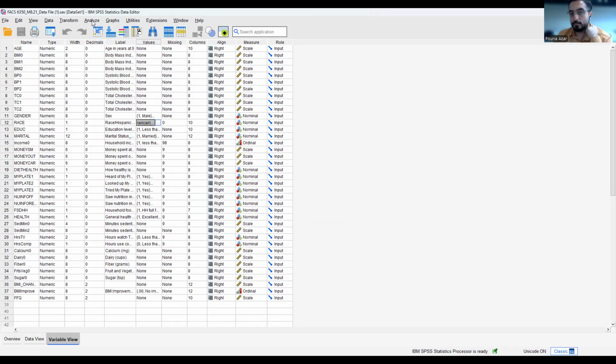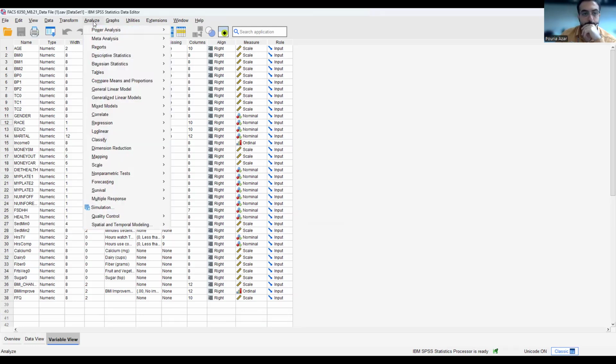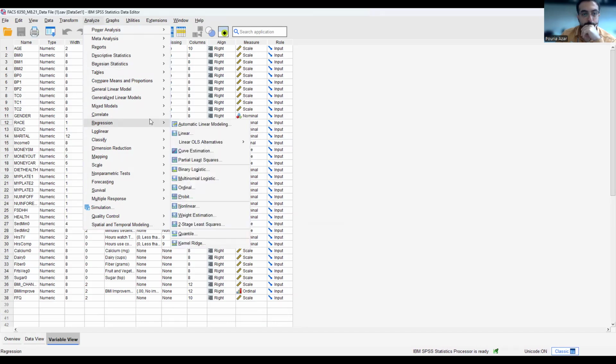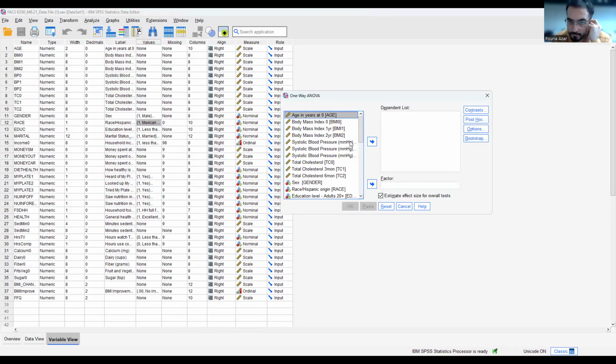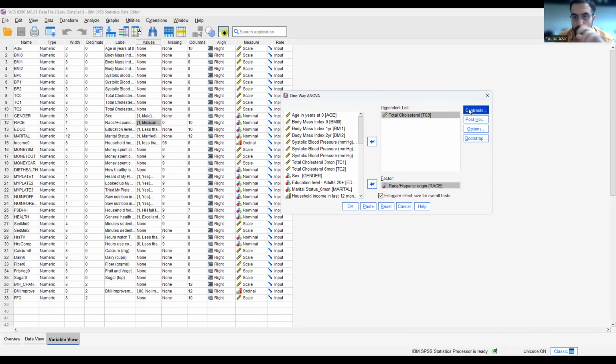So I want to go to analyze, compare means, one-way ANOVA. So here I need to put total cholesterol at baseline under dependent list, and the factor is race. Okay. And then I don't need to worry about the contrast.